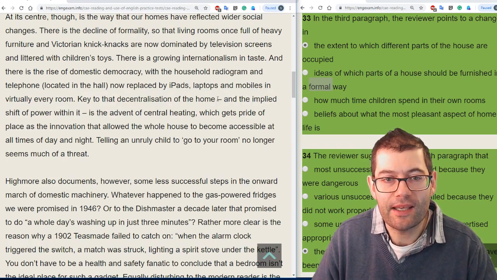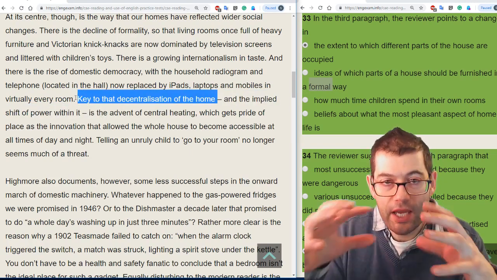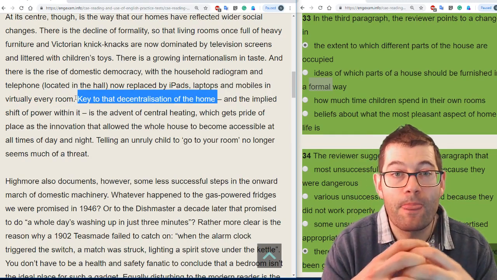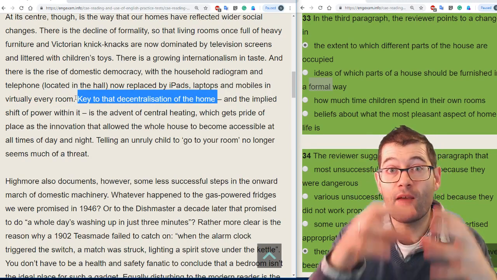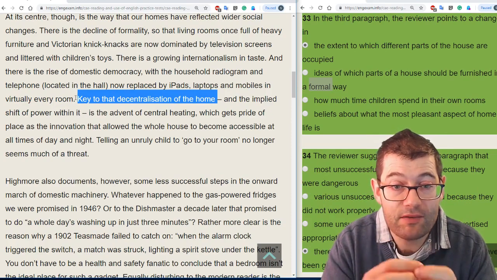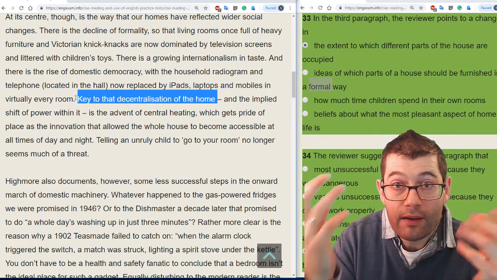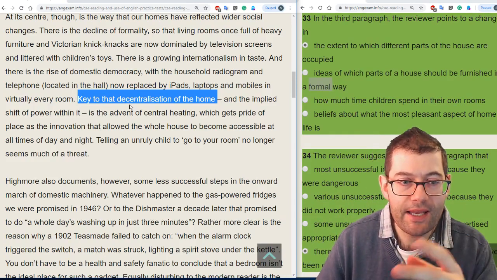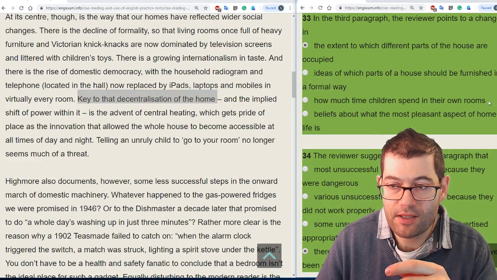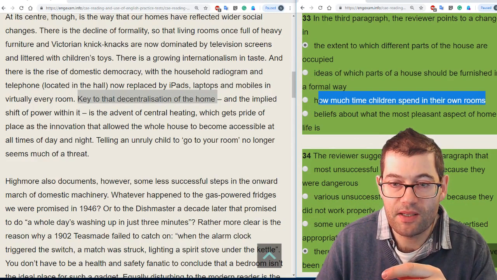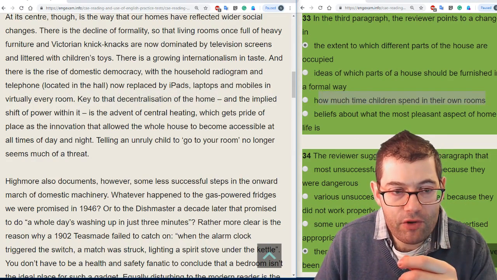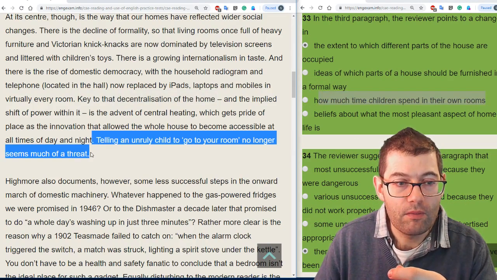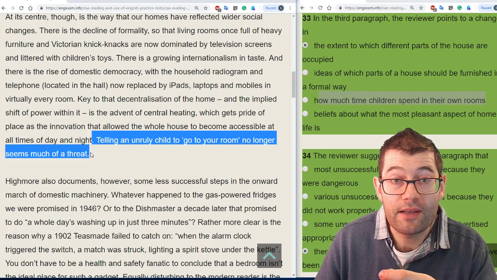So what this is saying is, once upon a time, everyone was in one place, and now, because of central heating, everyone can go everywhere in the house because it's warmer in other parts of the house. The idea was in other parts of the house it was colder, and that leads us to this answer here: how much time children spent in their rooms. Children only went to their rooms as a punishment because it was cold in that room.